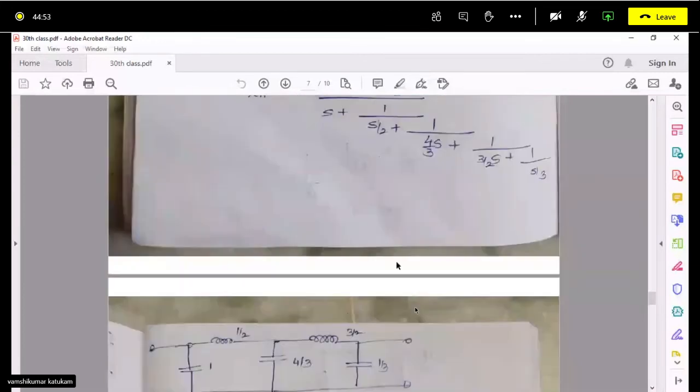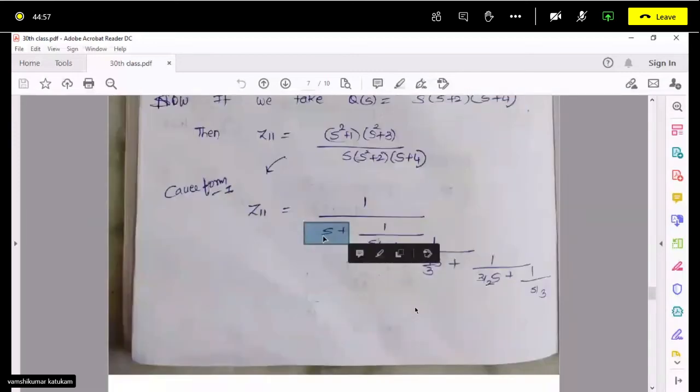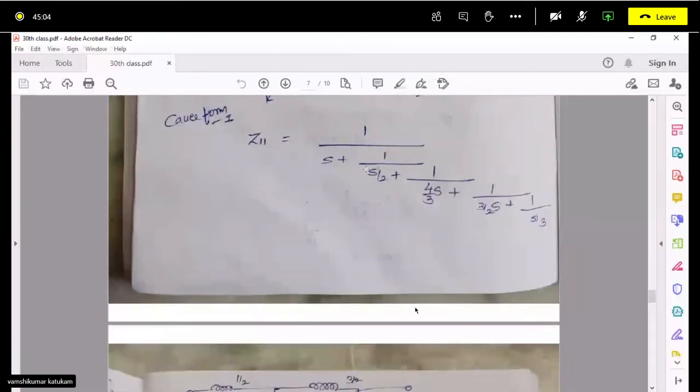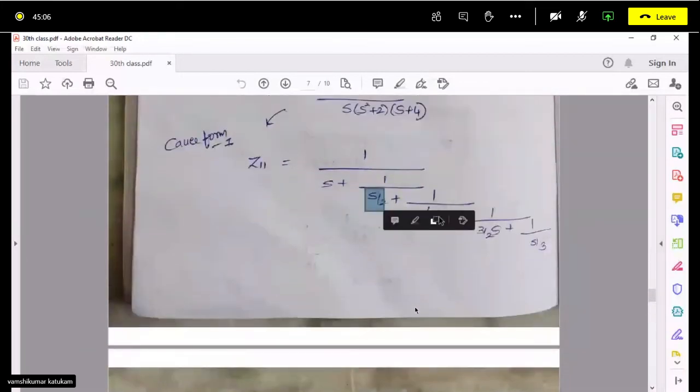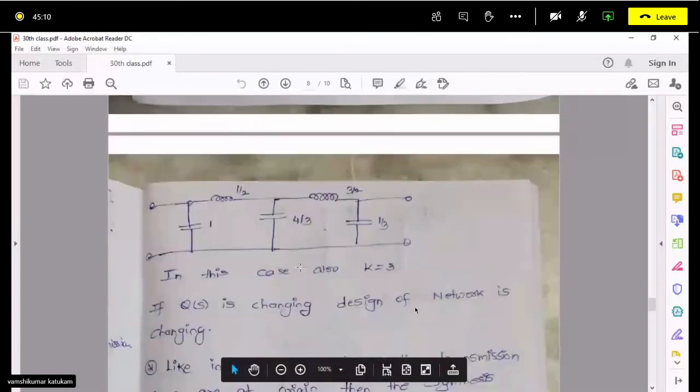So you will get a network starting with a capacitor, so 1 by capacitor, and then you have an inductor, and again a capacitor. In that form you will get this. But what is the difference?